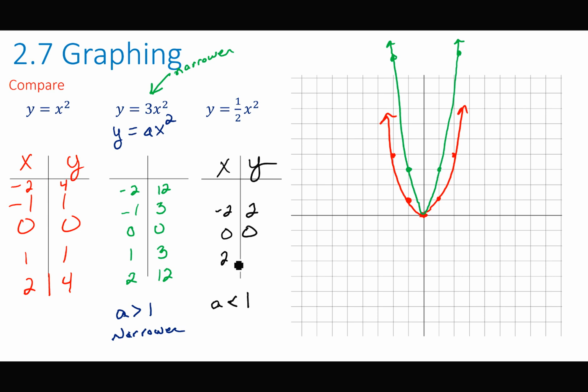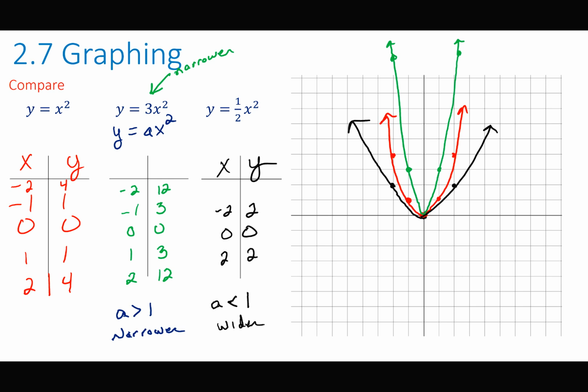Now if I went +2, I would end up with +2 again. So -2, 2 is going to be right there, and then +2, 2 is going to be right there. It would actually expand out. So if my a value is less than 1, my graph ends up being wider than the parent function.